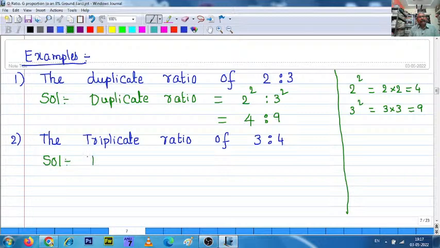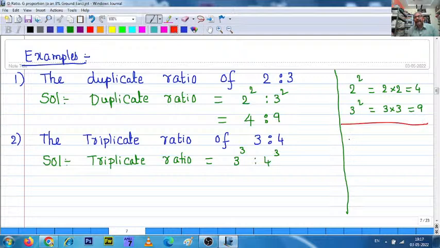So the triplicate ratio of 3 is to 4 is equal to, we can write 3 cube is to 4 cube. Okay, for the sake of non-math students, let me explain what is meant by 3 cube. 3 cube means 3 is multiplied 3 times, 3 into 3 into 3.